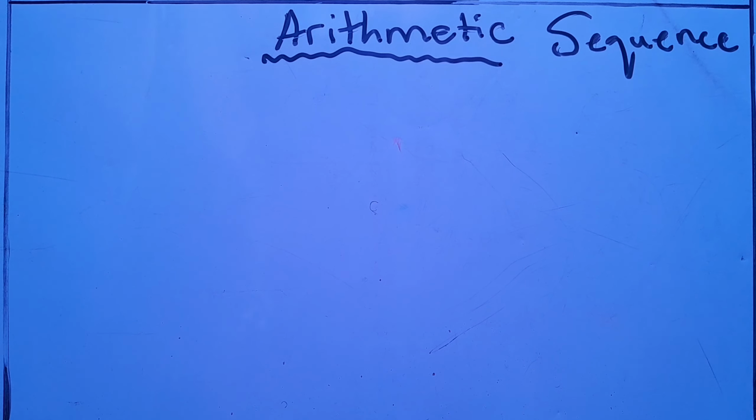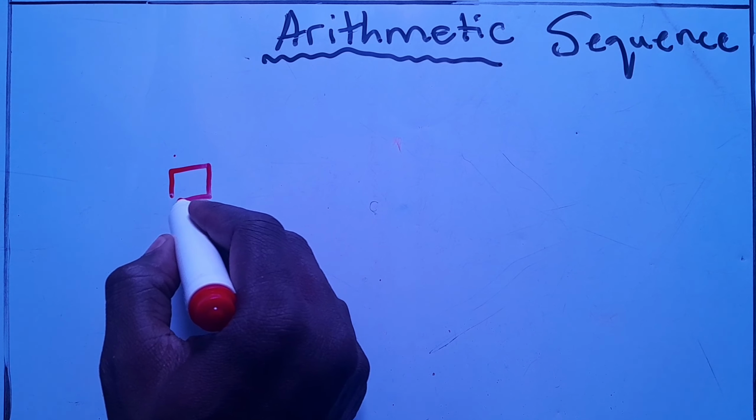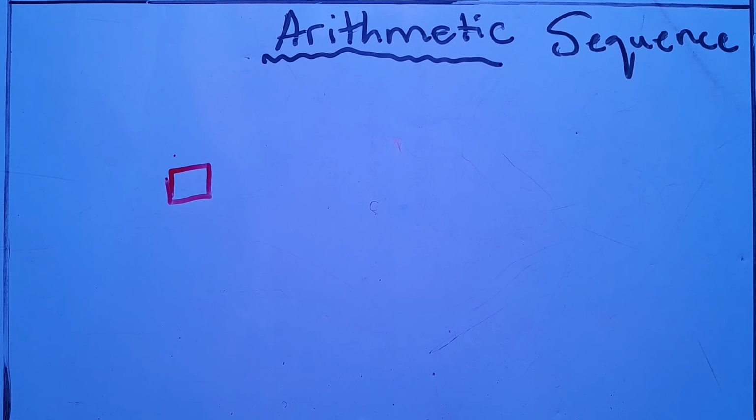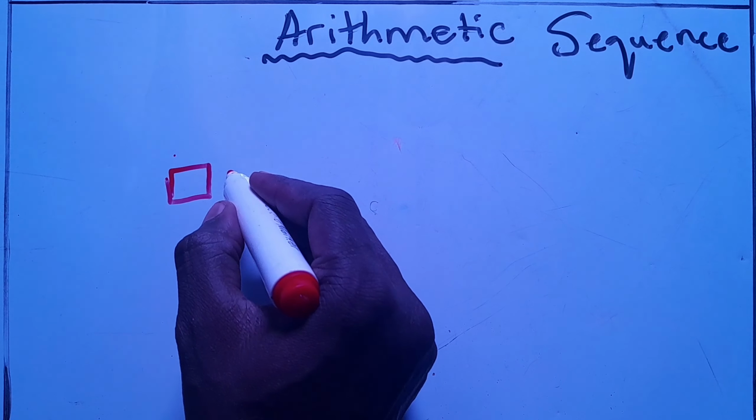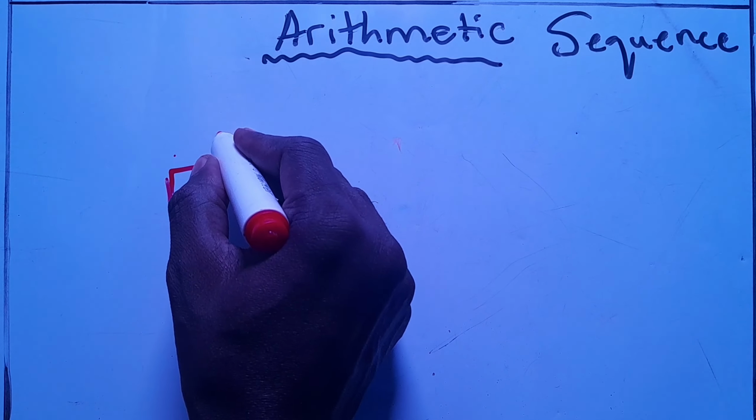So let's suppose you want to build stairs. On the first stair you place one box. On the second stair you place 3 boxes.